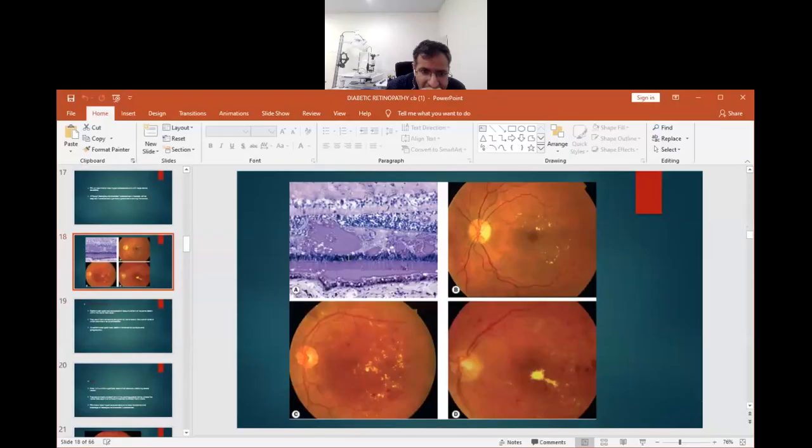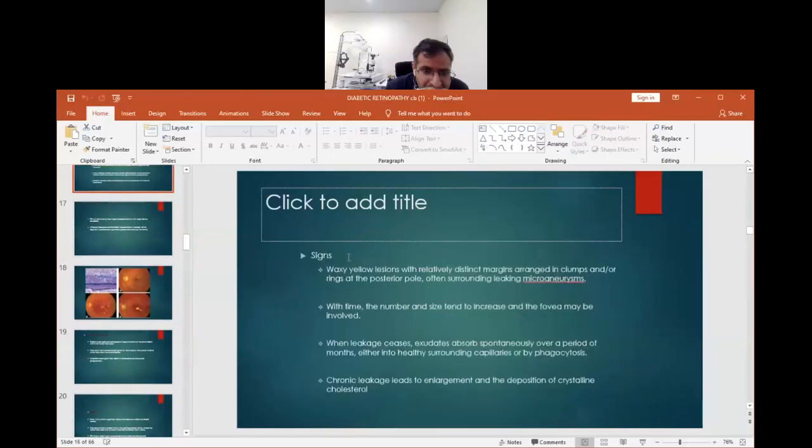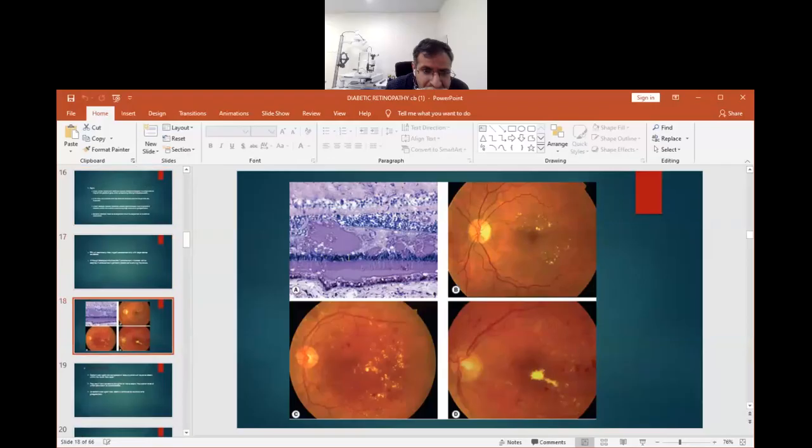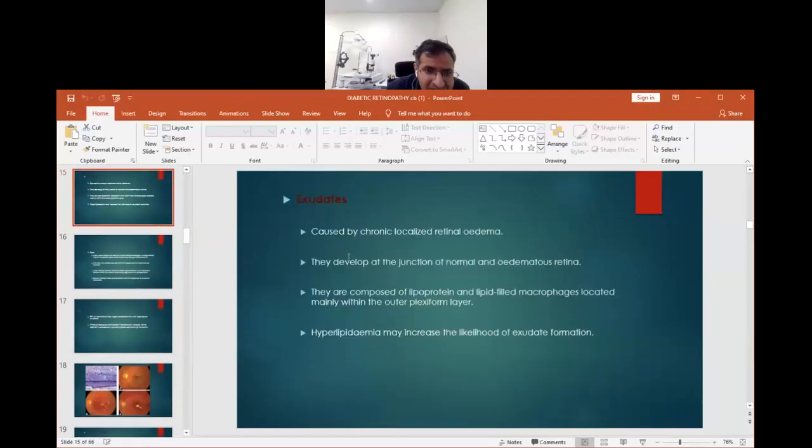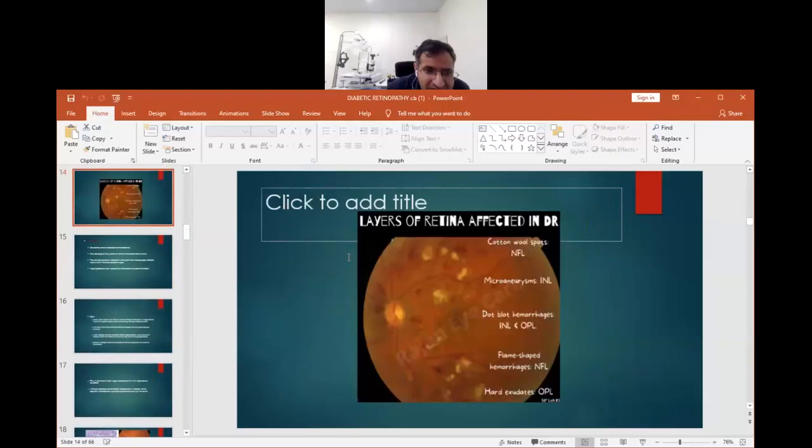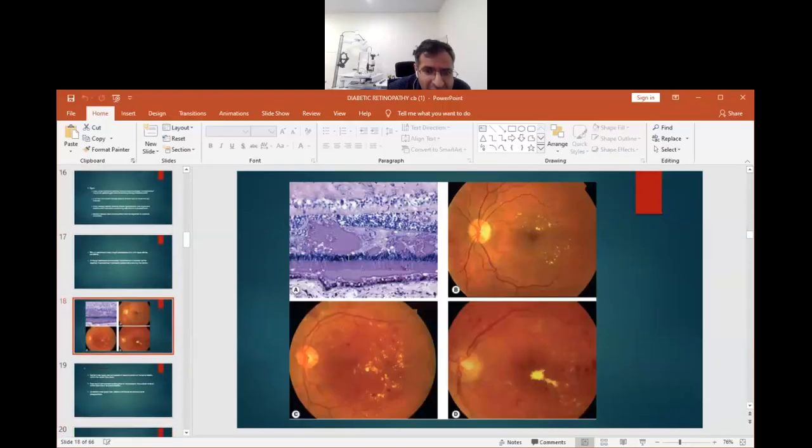About the cotton wool spots, any doubt? Histology, what do you see in the histology? The histology slide you have kept for the exudates, which are the exudates in this?